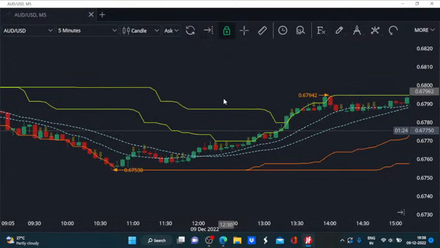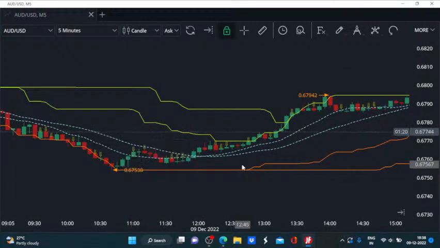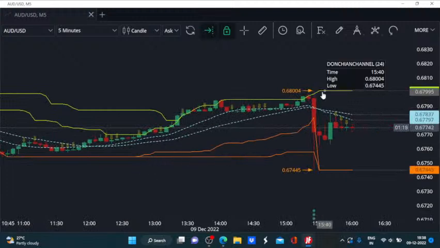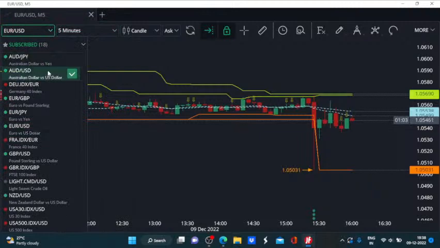Here also, if we compare this price move from 11 GMT onwards, we had this fresh 4 hourly high, and if we look at the Euro USD, it was trading almost flat. So in today's session also, AUDUSD is trading stronger compared to the Euro USD.